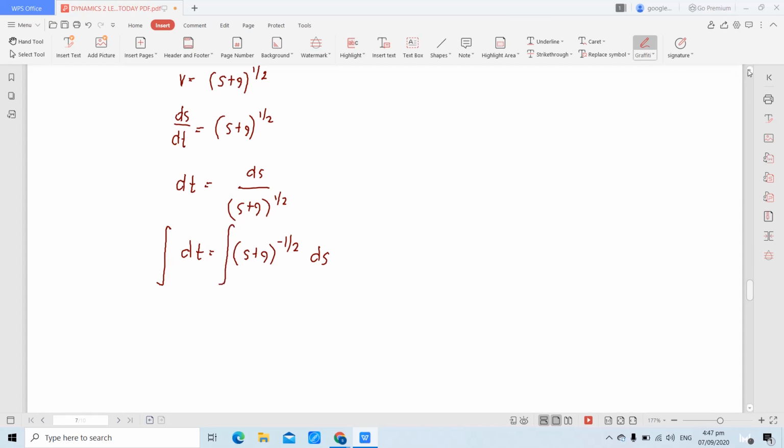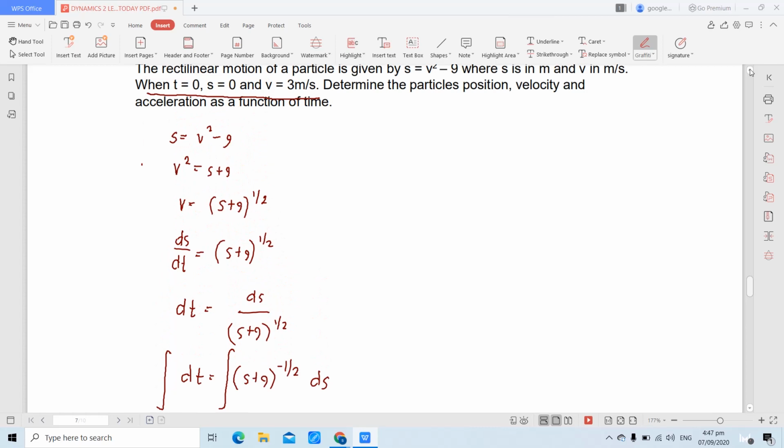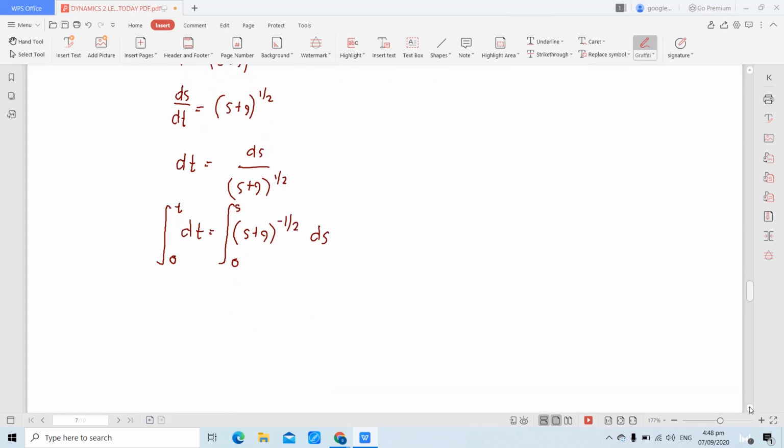Okay, limits. Balikan natin yung problem. Sabi doon, when the value of time is 0, so that is our initial time, the position is also 0. So, to final time t, to final position s. Apply now the integrals. What is the integral of dt? That is t, from 0 to t, equivalent to, what is the integral of s plus 9 raised to negative 1/2 ds?